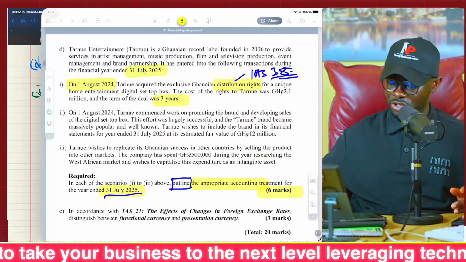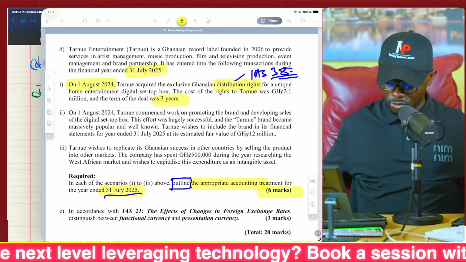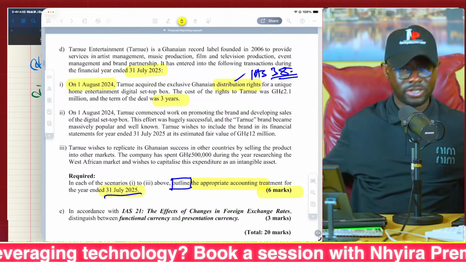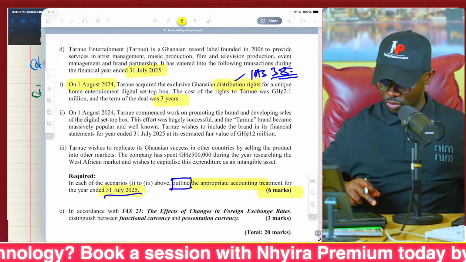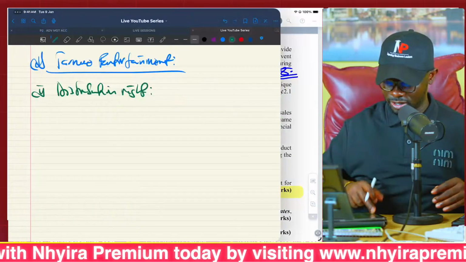So for the distribution rights, as per IAS 38, the cost 2.1 million Ghana cedis will be amortized over what? The 3 years. Okay? And since we have done the first year, we will do the first calculation and then do the rest.